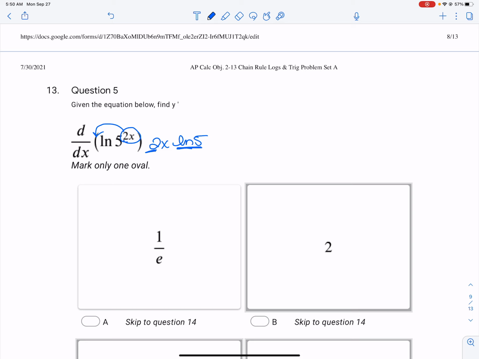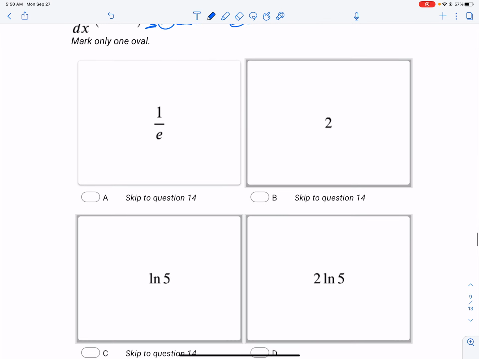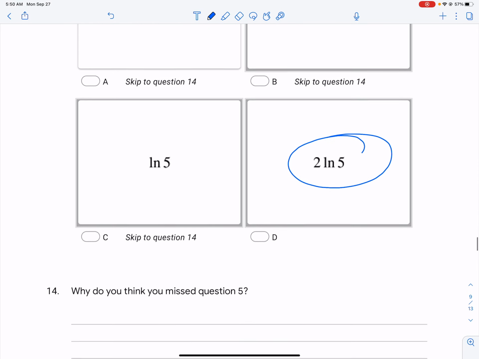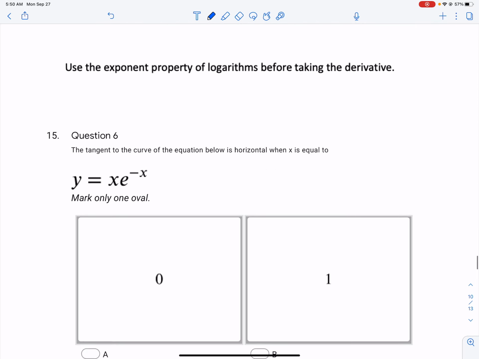So this is really taking the derivative of x, which is 1. So this is just 2 ln of 5. The 2 can become the exponent here, so this is the ln of 25, or 2 ln of 5. Should have looked before I got crazy with my properties of logarithms.